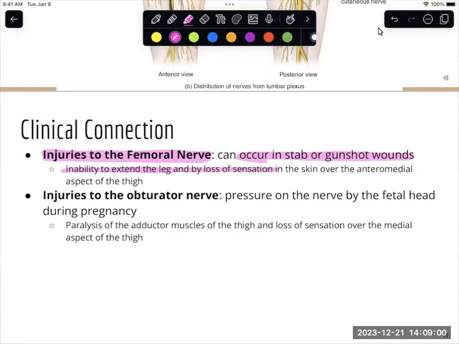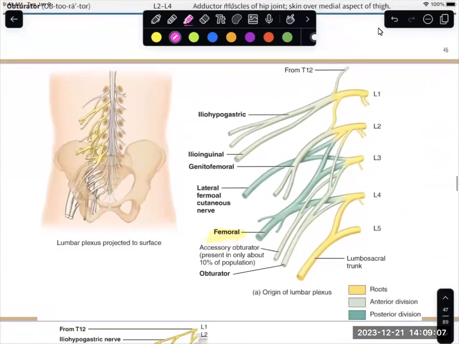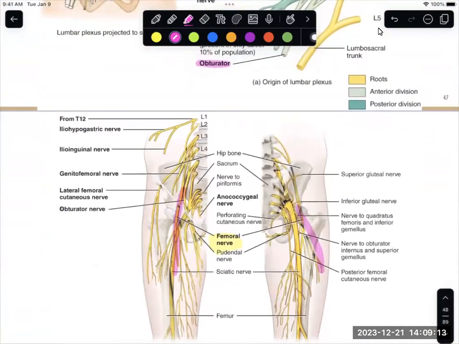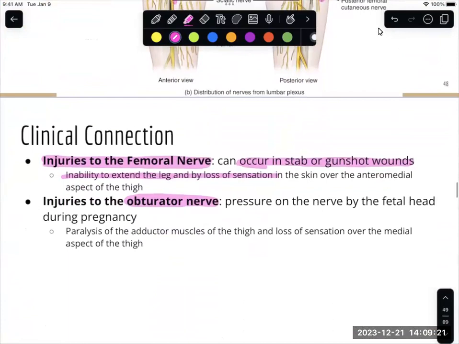The other nerve is this obturator nerve. There it is, obturator nerve. Or here, obturator nerve. It kind of comes in and goes out this way. So that obturator nerve, some people get lucky enough that that fetal head sits on that obturator nerve during pregnancy.